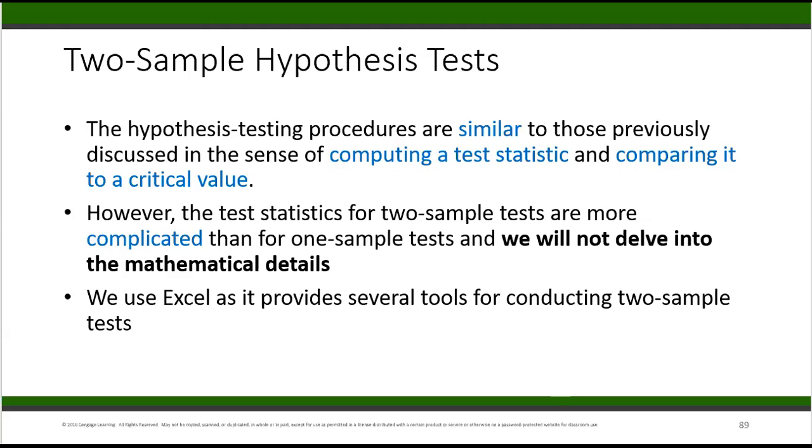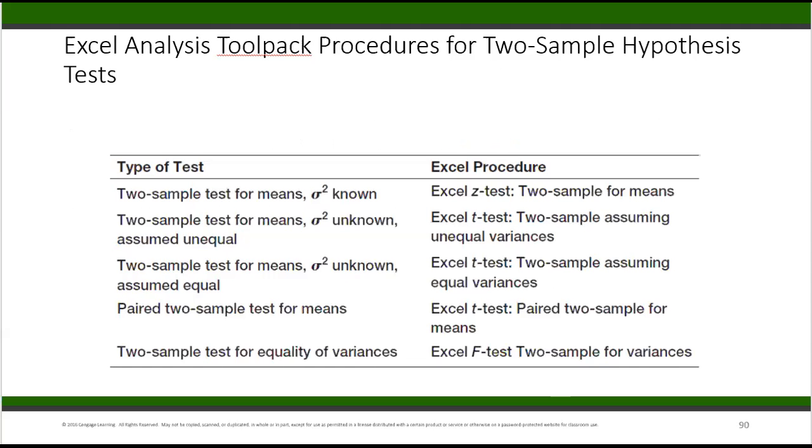And then the list of tests that we're going to go over, here you can see the list. We're going to do two-sample tests for population mean. We actually have 4 of them. Among the first 3, I'm going to explain later on. We're going to use the second one, which is the most general case, two-sample assuming unequal variances.